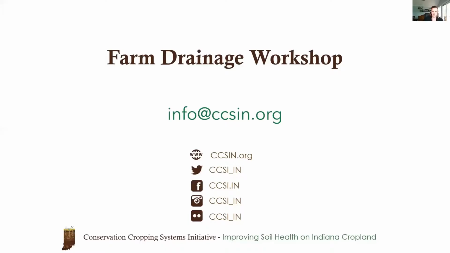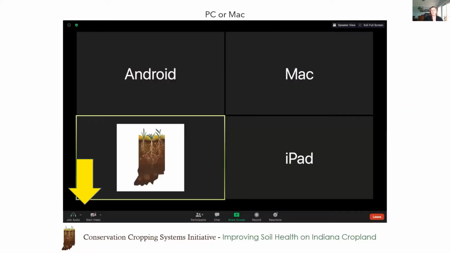All right, thank you. We don't want to assume that anybody knows the functions of Zoom, but I know many of us have become very proficient with this platform. We are using Zoom Meeting today. If you are using a PC or a Mac, there's a couple controls I want to make sure you know where they are.